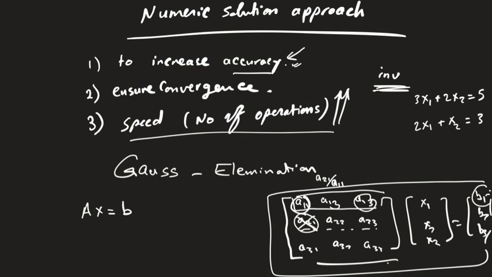Now, the next step is you go to the next equation after doing this operation, and you still use the first equation scaled with respect to A31 and subtract it from that one. Then you also get rid of this one. And then you go to the second equation and you try to use it to eliminate this one. So you make the third equation just a single variable, which means that you get the value immediately from that equation, right?